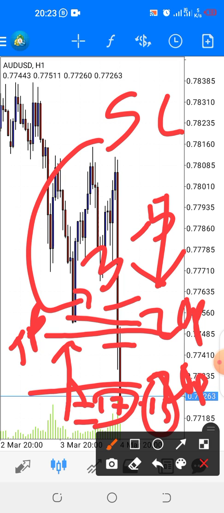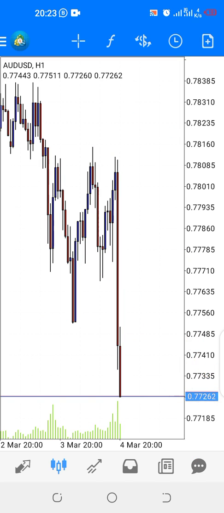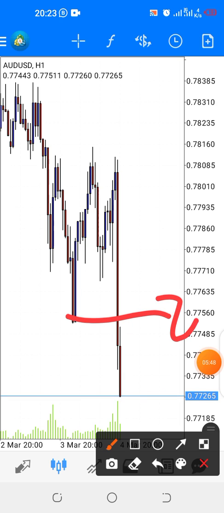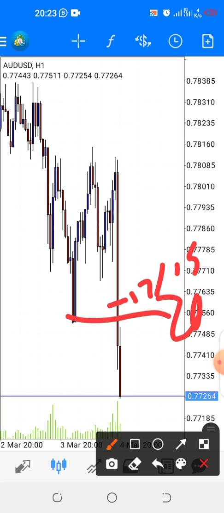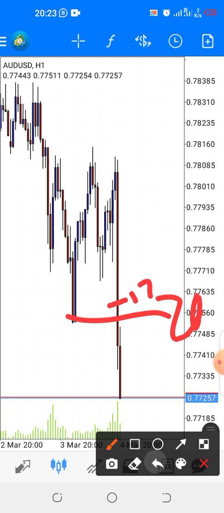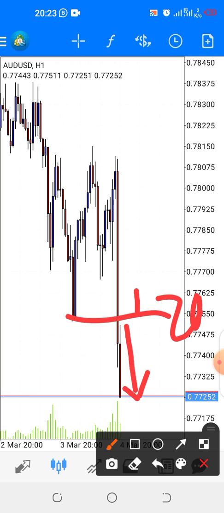So in this typical example, if this was the 20 pip mark, by now there wasn't any reversal. If you locked at 17 or 15, there wasn't any deep reversal to kick you out, so it just went down. So in that way you'll be kicked out with profit.